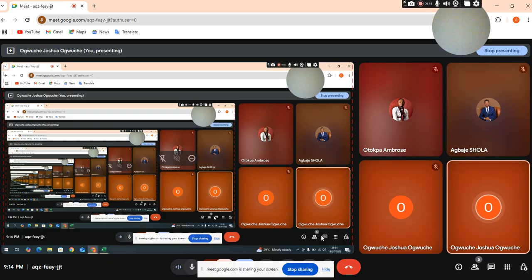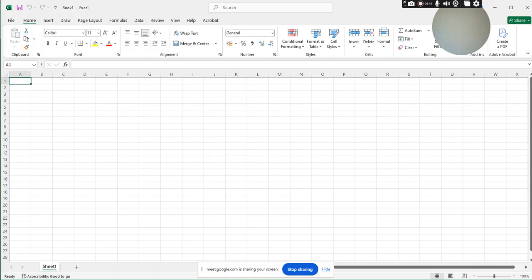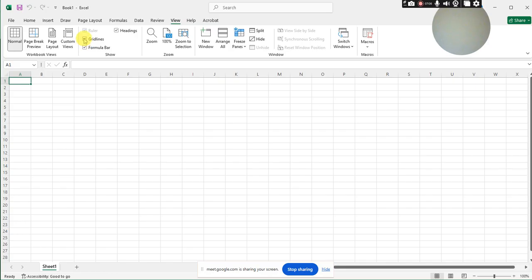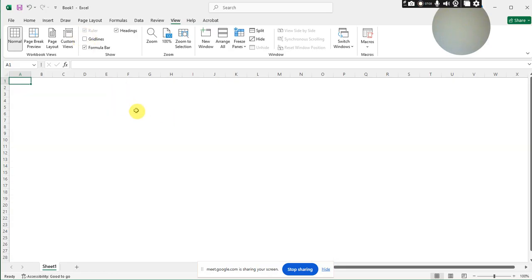Okay, can you see my screen? Yes, we can, but not that clear. Okay, is it clear now? I am showing a blank Excel sheet. Yes, we can see the Excel sheet, but hardly see what is written on it. I've not written anything on it. Okay, I think we can see it now. I've zoomed. All right.